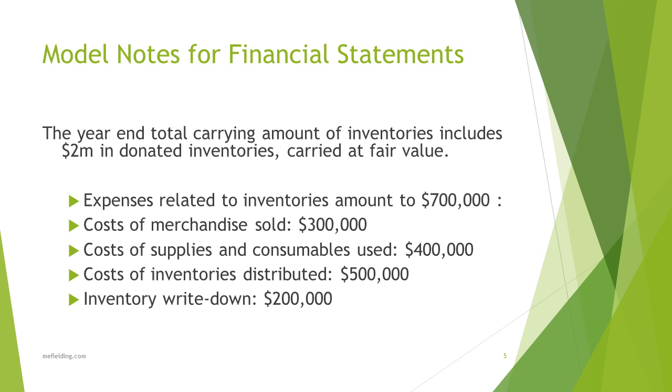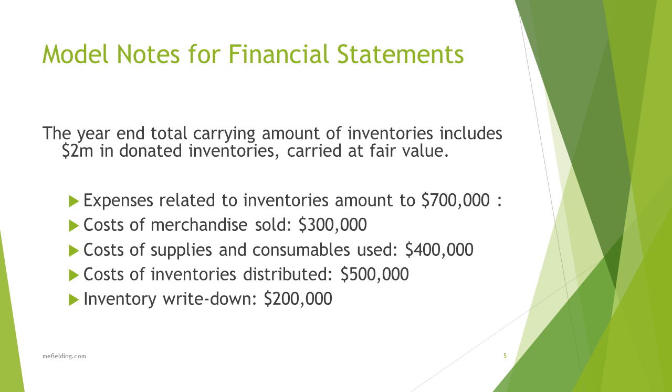The second part, where the green triangles are, is expenses related to inventories. This is an analysis of what's gone through your statement of financial performance. Included in our expenses in that statement are expenses that are related to inventories, such as transportation costs, as we saw before.